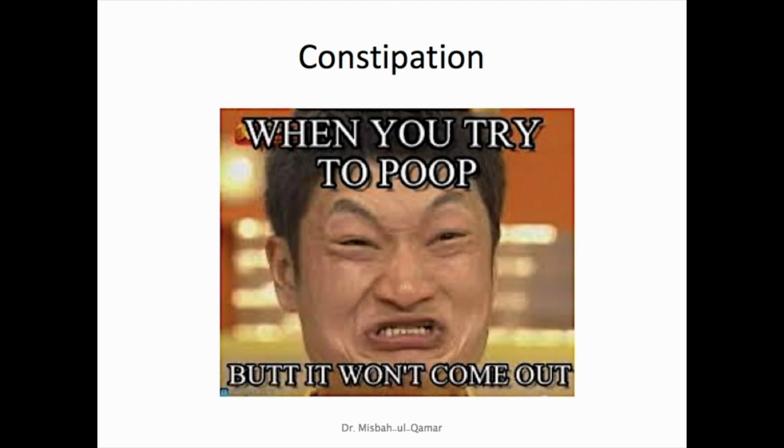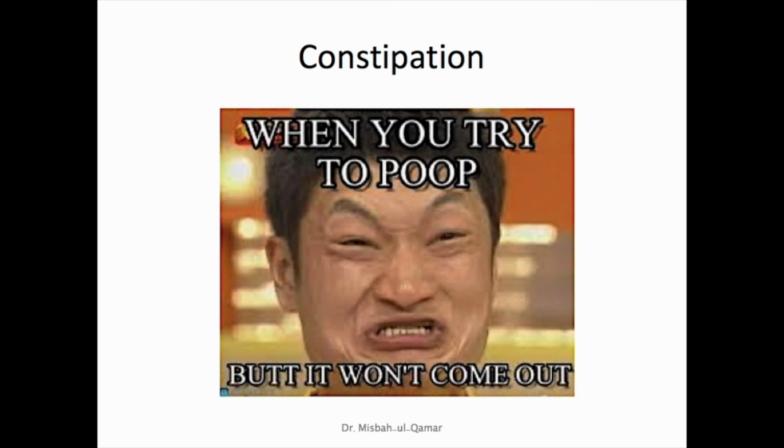Moving on to the next disorder, which sounds familiar, it is a slow passage of feces through the large intestine. Then it causes slight anorexia, abdominal discomfort, and distension that could be relieved only by the evacuation of rectum.